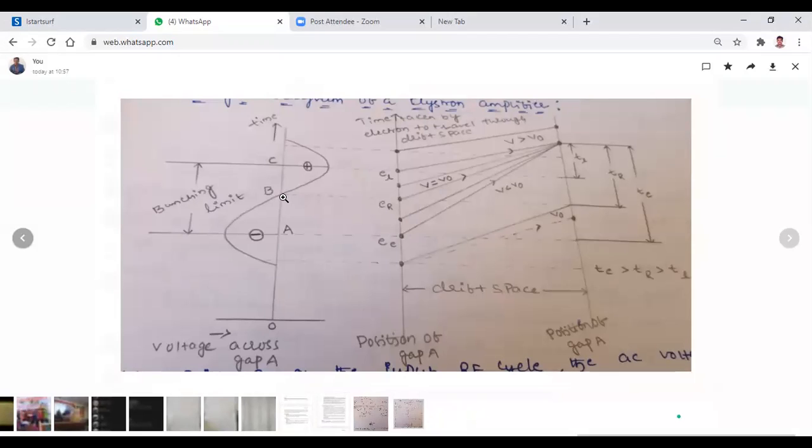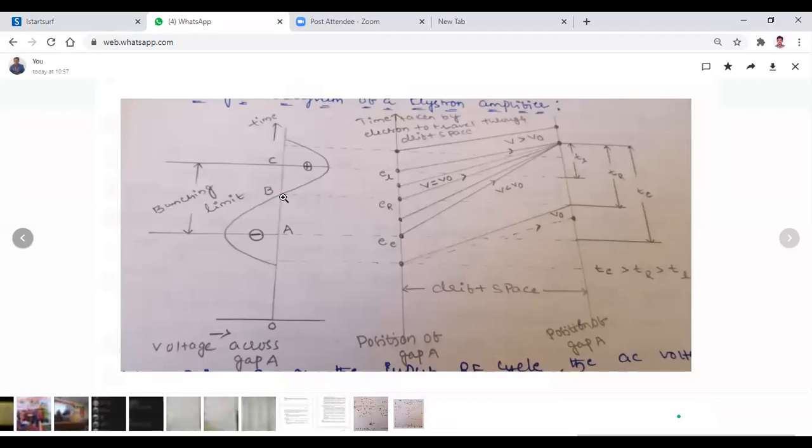Once again, what I want to say is, whenever the RF signal touches the electron at the point B, the amplitude of the RF signal is equal to 0. So there is no problem to that electron. There is no change in the velocity of that particular electron. It can travel with the same velocity because there is no effect from the RF signal.